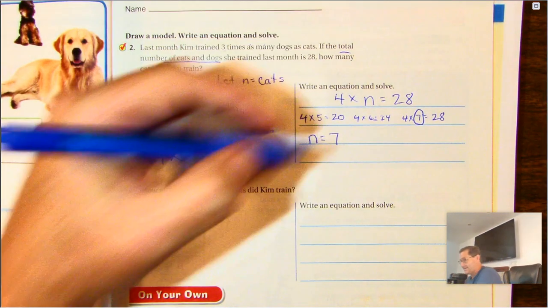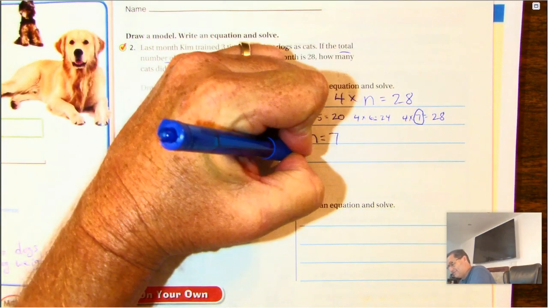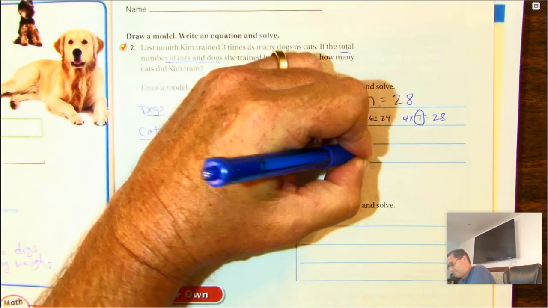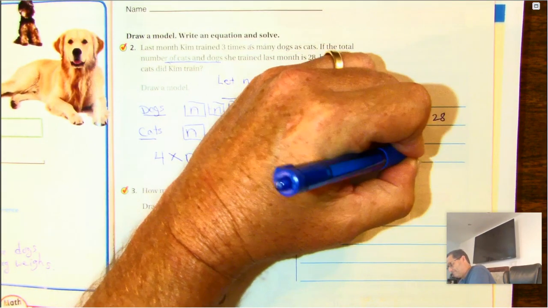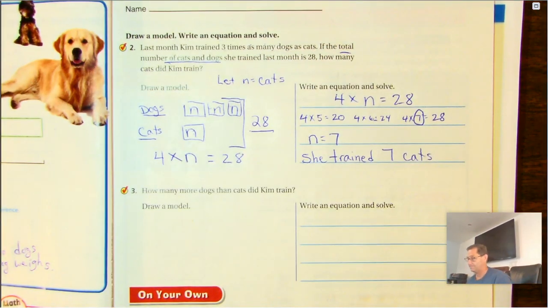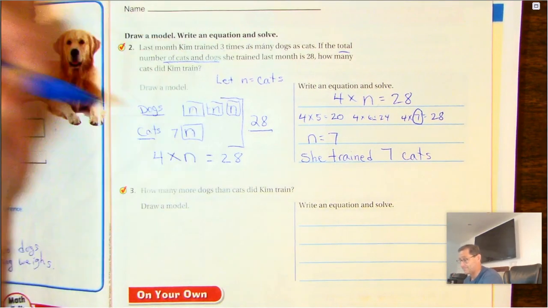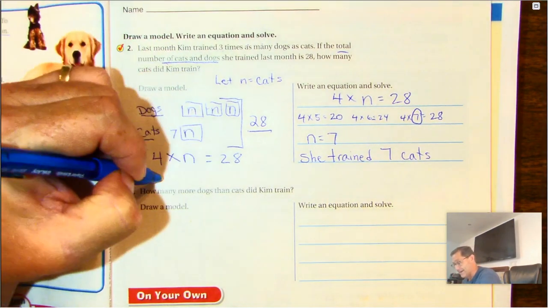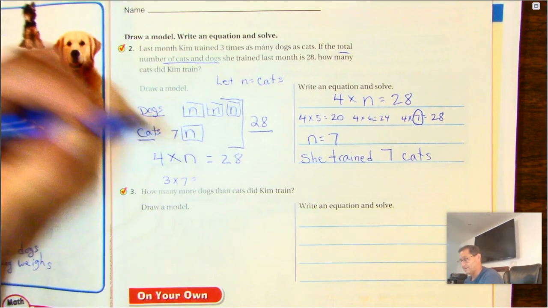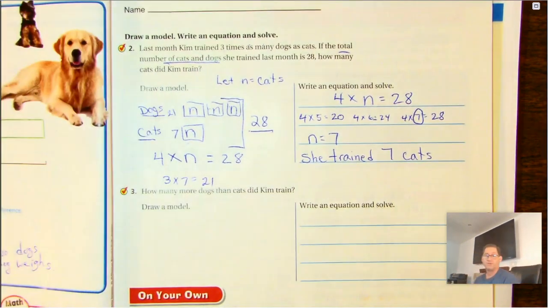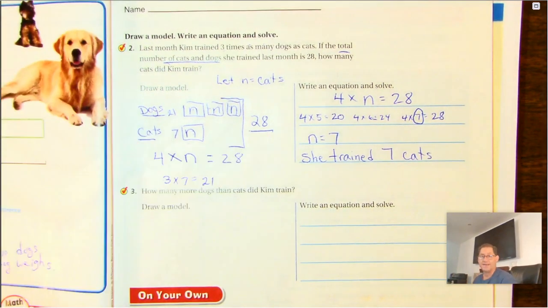So she trained 7 cats. And she trained 21 dogs. Does that make sense? So if the cats is 7, what is 3 times 7? 3 times 7 would be 21. So the dogs would be 21. If you add those up, we get 28.